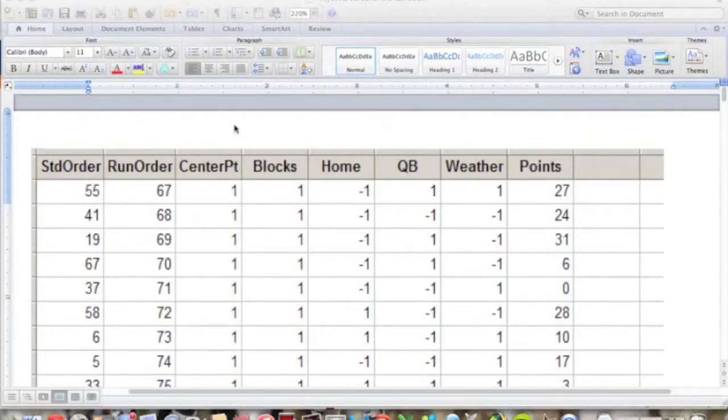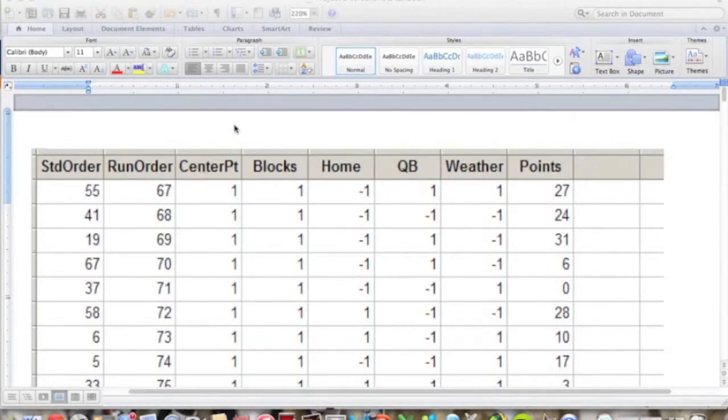Create a 2 to the third factorial design in Minitab. We did this by having 3 different factors. We had the home location versus the away location, the starting quarterback versus the non-starting quarterback, and heavy rain versus clear weather.